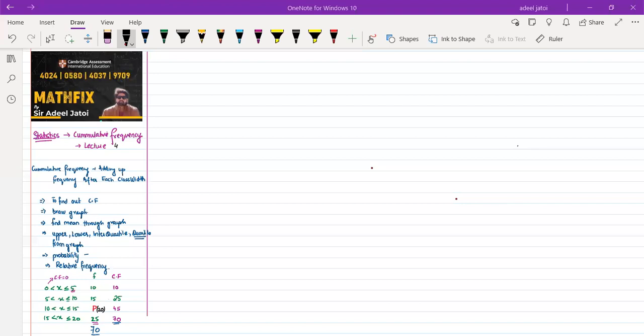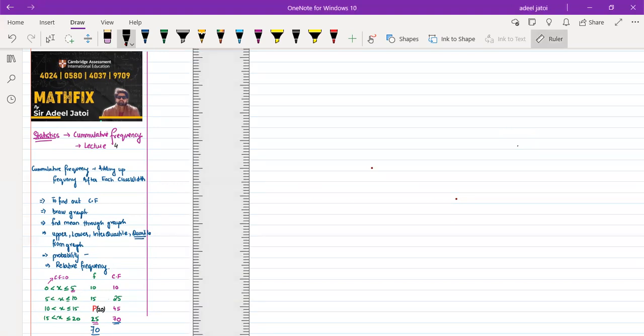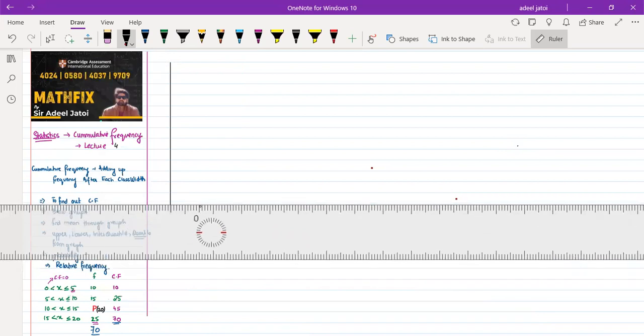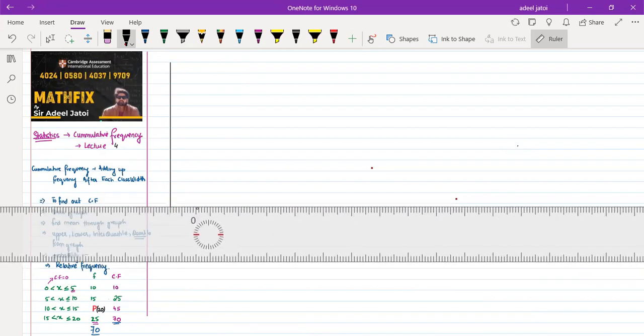Now, understanding cumulative frequency will help you draw the cumulative frequency graph. How do we draw the graph? The normal grid will eventually be given to you in the question, but at the moment we are trying to make a grid which will not be exact, but we'll make sure we do the specific headings so that your concept is a bit clear.